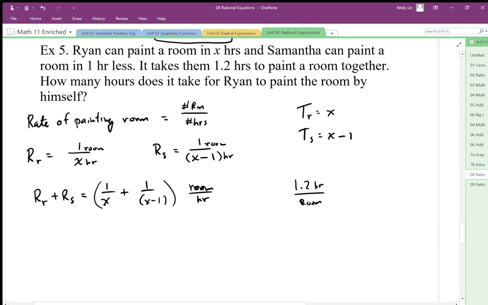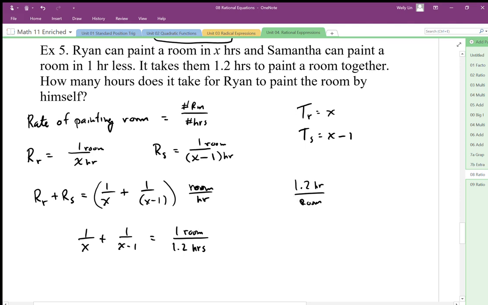Well, I can just flip this one over. So I'm going to have 1 over x plus 1 over x minus 1, and that's going to equal 1 room in 1.2 hours. It's really important to keep track of the units and the rates, because if you recognize that these rates are just the inverse, the upside down rates of each other, we can just flip them.